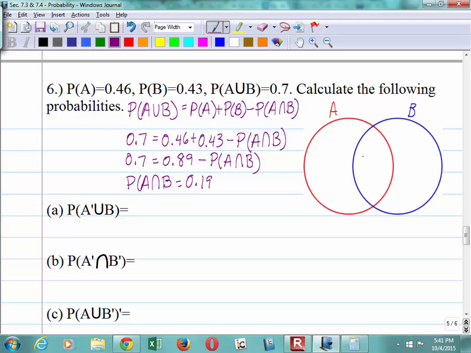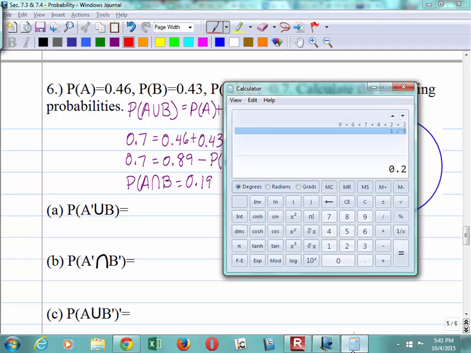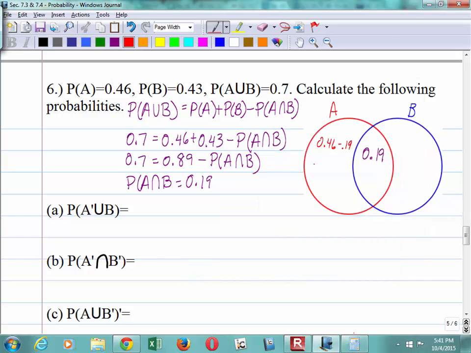So that would go in the middle section. And then we know that the probability of A is a total of 0.46, so 0.46 minus 0.19 is 0.27. That's what this section is equal to.